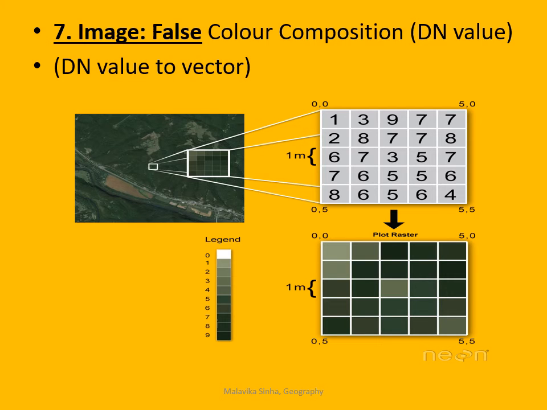So after getting the information in raster form, with the coding and decoding system and with the help of the numerical DN value, the next step is to convert the raster dataset to a vector dataset.